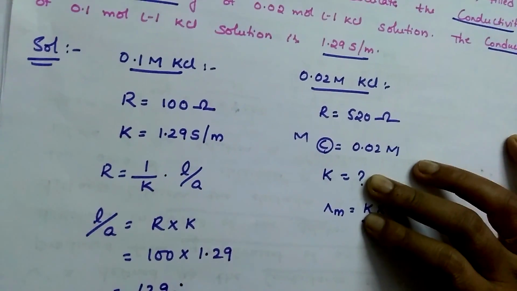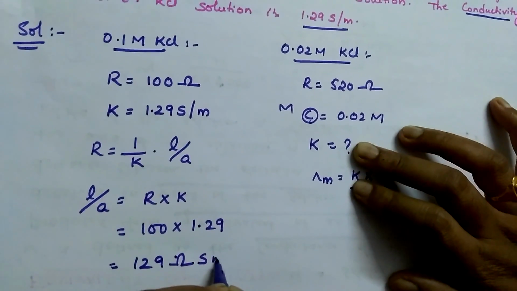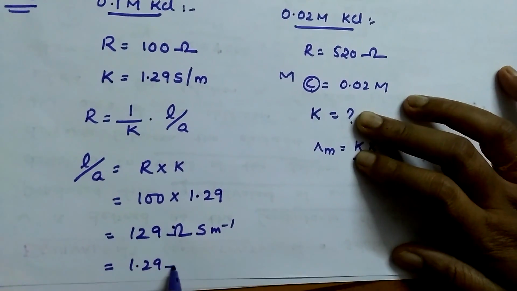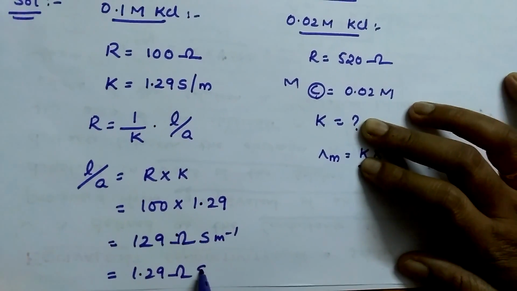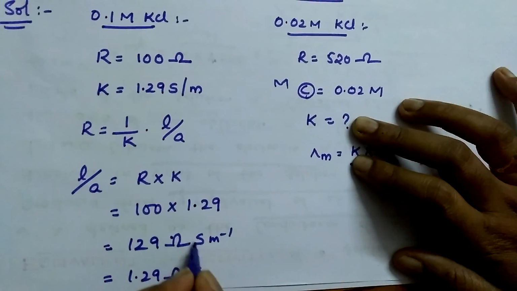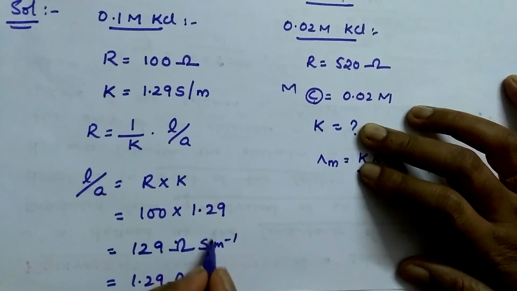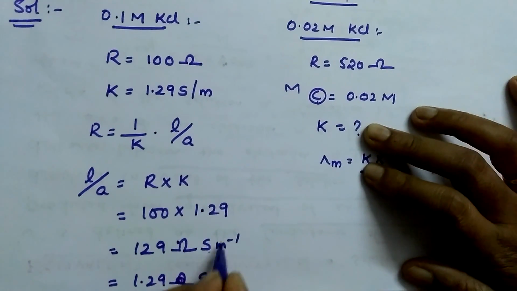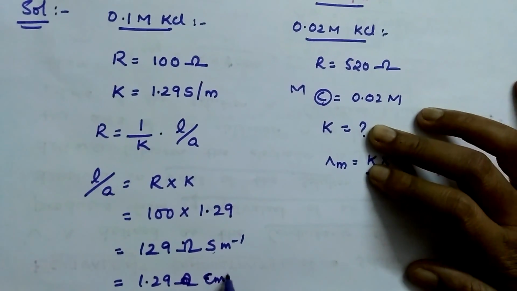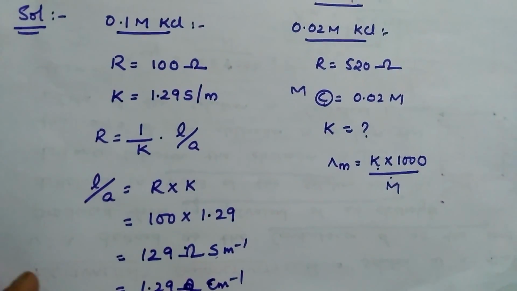The units are ohm and Siemens meter inverse. Siemens is nothing but ohm inverse, so both get cancelled and meter inverse we can convert into centimeter inverse. So the cell constant is 1.29 centimeter inverse.